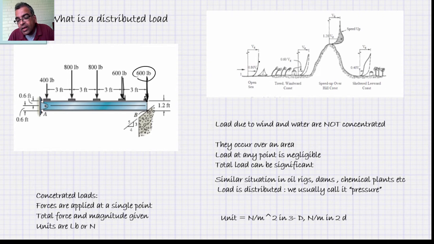The unit in 3 dimensions will be Newton per meter squared, or PSI, pounds per square inch. In 2 dimensions, it will be Newton per meter, or pounds per foot, or pounds per inch. So notice the difference in the units. Okay, very good. Now let's talk about how we are going to represent it.